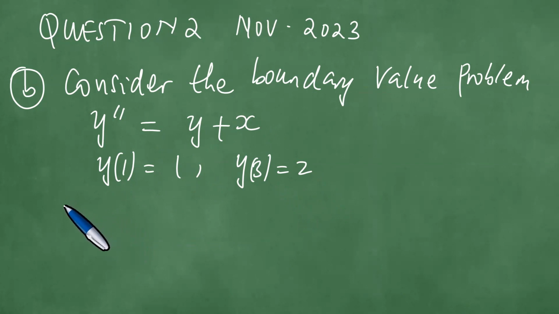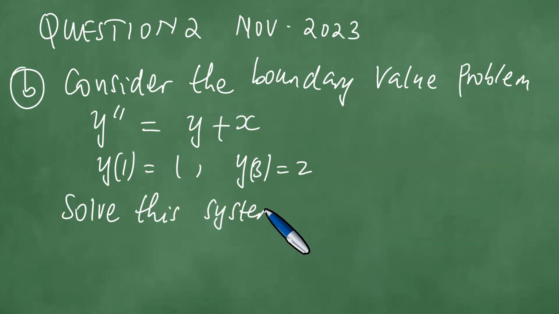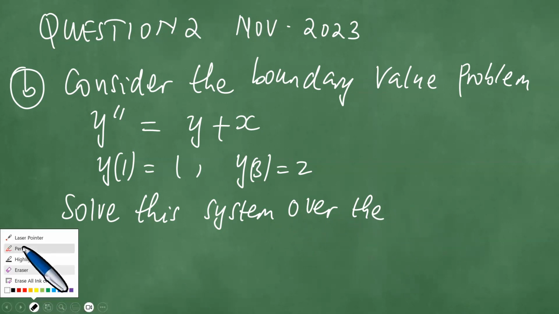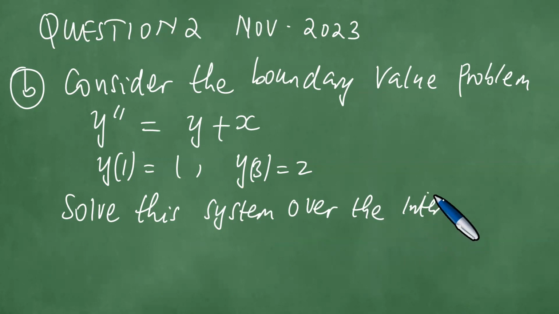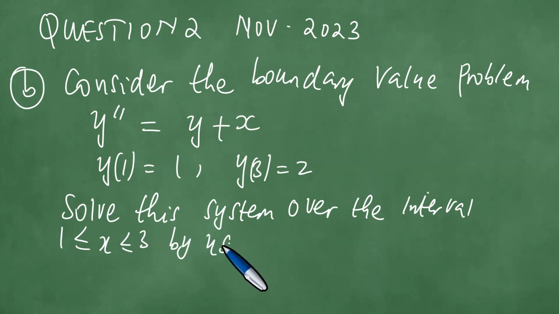The question is you need to solve this system over the interval x lies between 1 and 3 by using the shooting method.